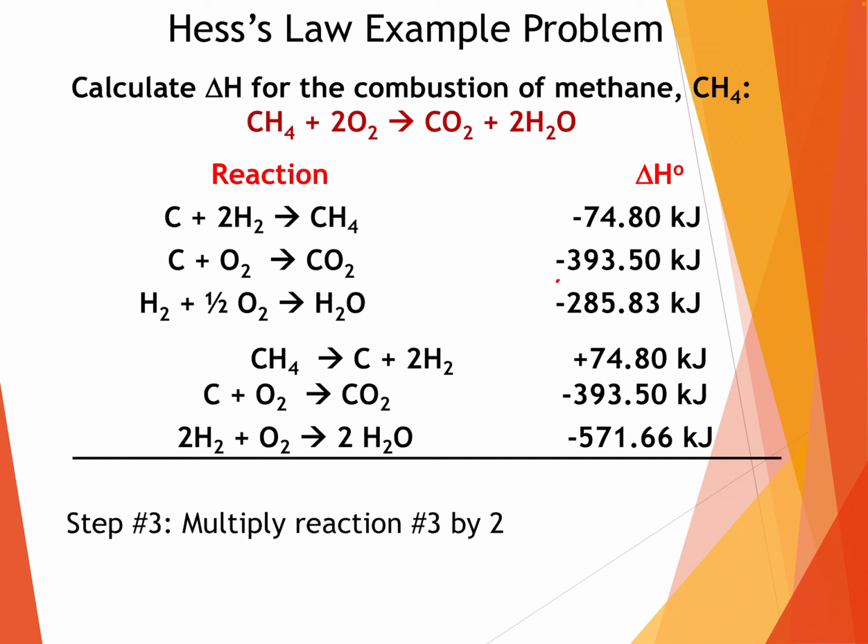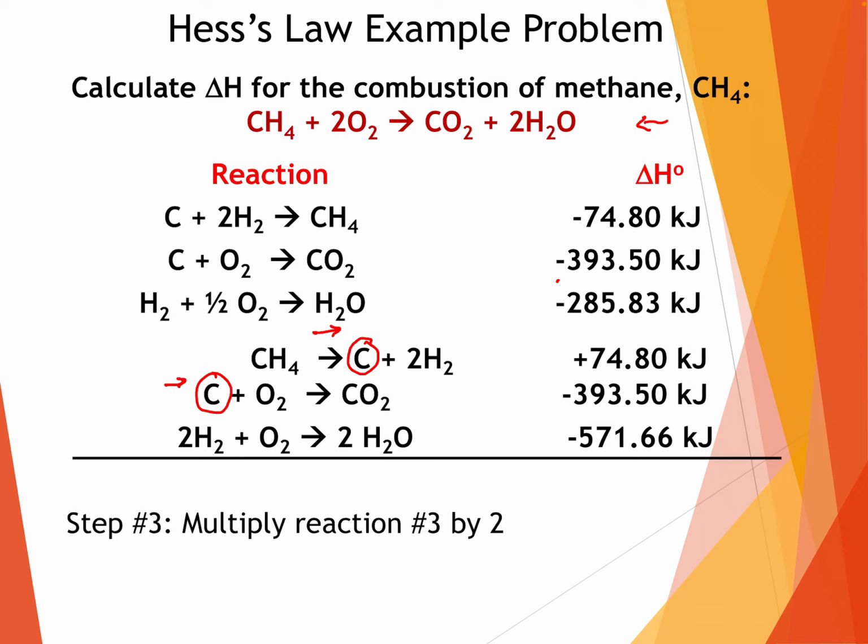There it goes. And now we'll start to see, do the other things, the stuff that doesn't show up in this overall reaction, cancel out? These things are called intermediates. Do you see that there is no carbon in this overall reaction? There's no free carbon sitting around, but there's a carbon here and there's a carbon here. The fact that the carbon is created and then used up in a later reaction makes it an intermediate.